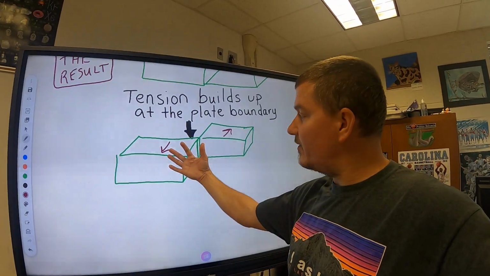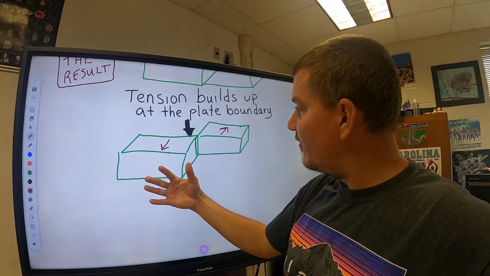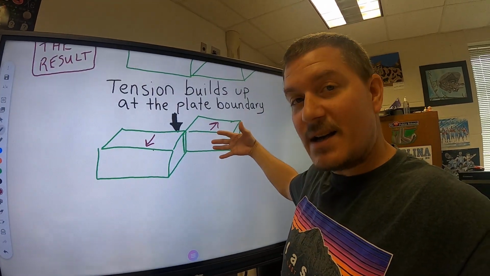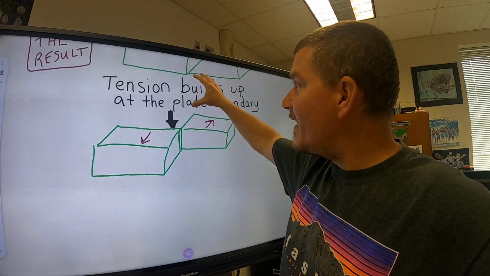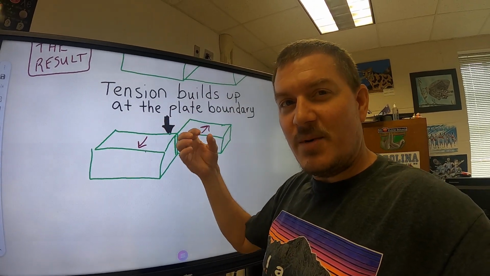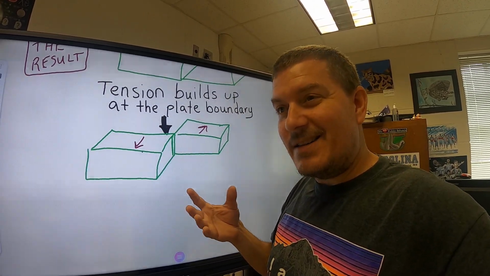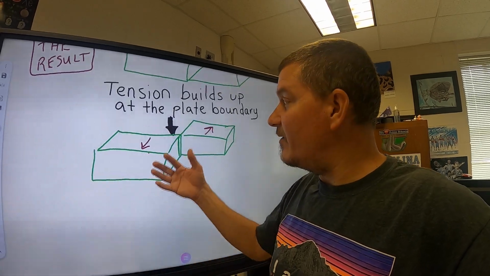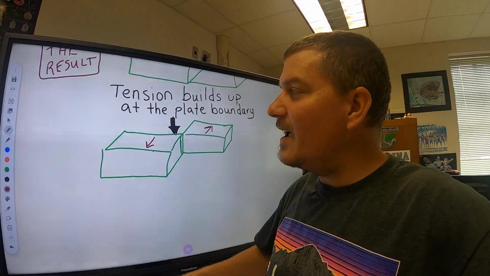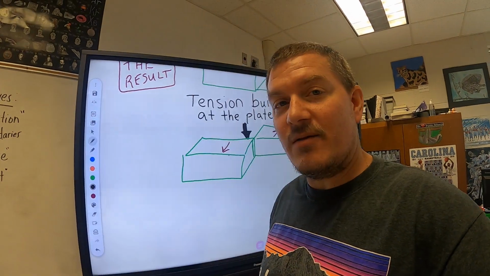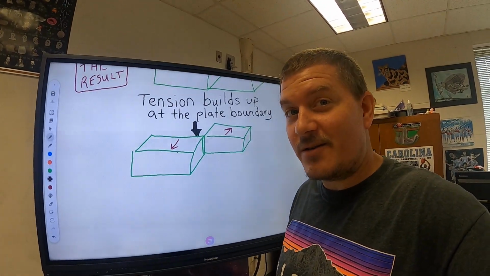So you can see the chunk of land here on the left side has slid forward, the chunk of land on the right side has slid backwards. And after that tension has built up and built up and built up, and it releases, this is a sudden movement of a huge chunk of rock. Any sudden movement of a huge chunk of rock is what we would call an earthquake.